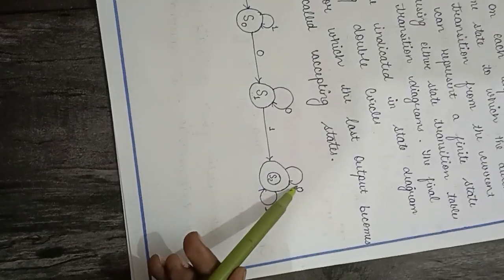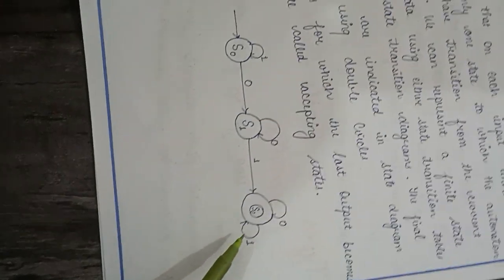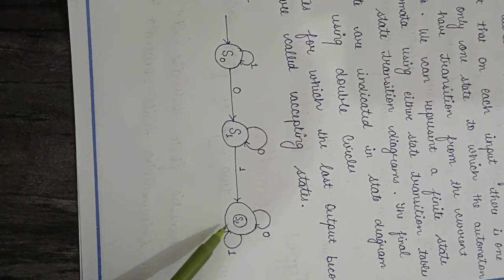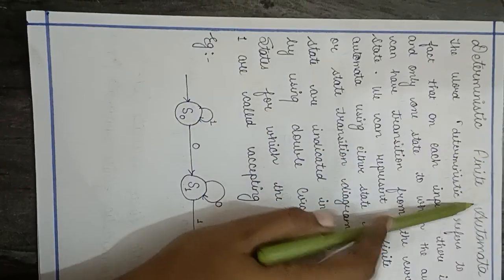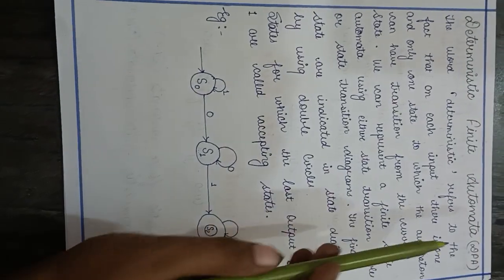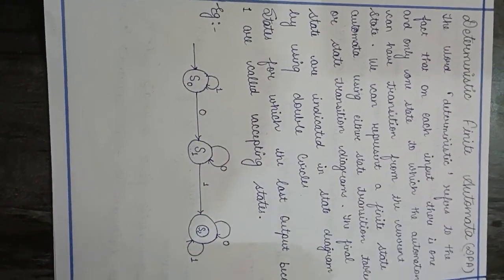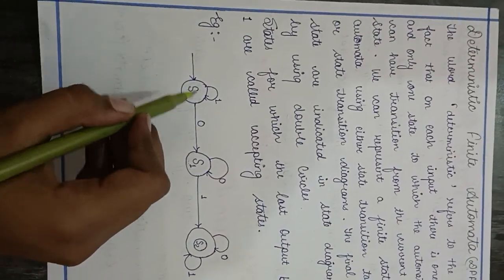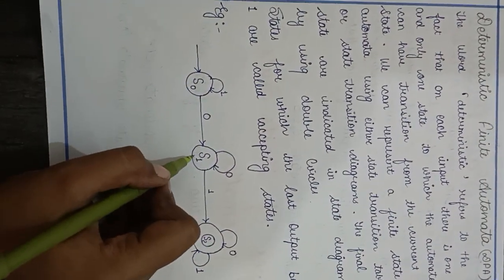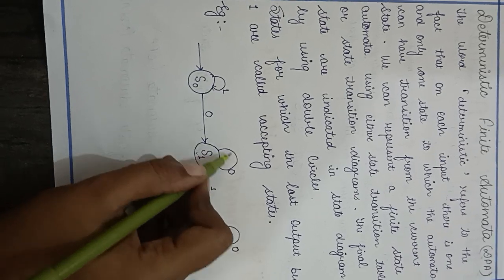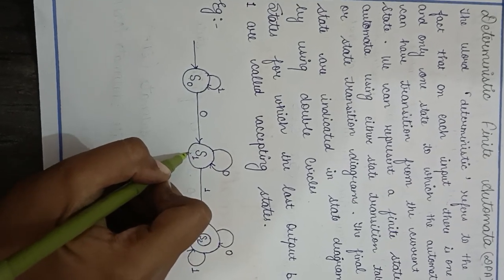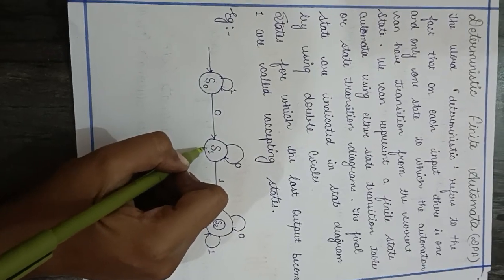In S2, while applying 0 we stay in S2, and while applying 1 we also stay in S2. So in a deterministic finite automaton, there is one and only one state to which the automaton can have a transition. If we have state S1 with input 0, then we will have only S1. So this is a DFA.